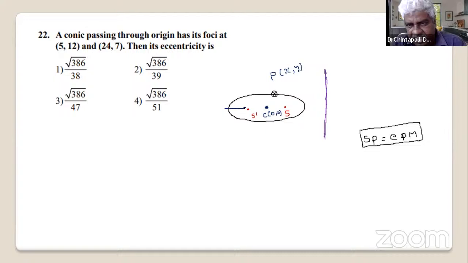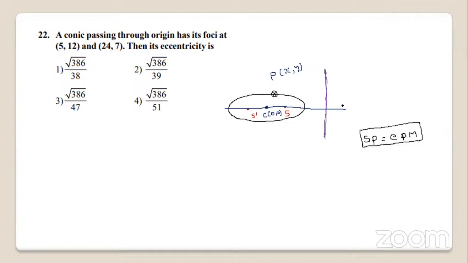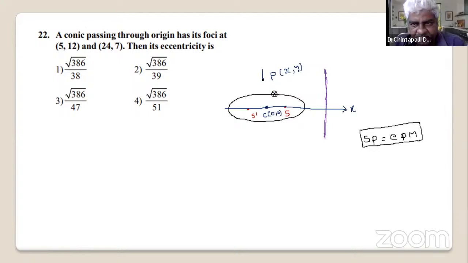Then this must be the x-axis and this is the y-axis. In the coordinate system, the coordinates of this point are x comma y. Can you tell this distance?